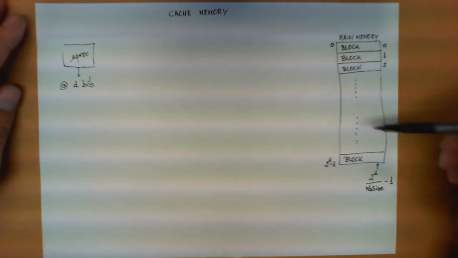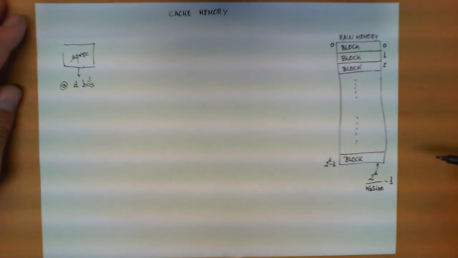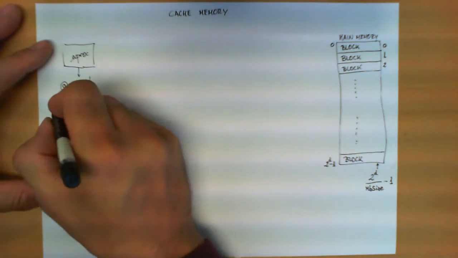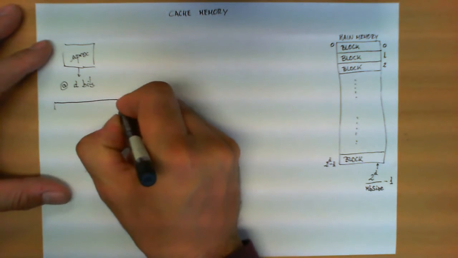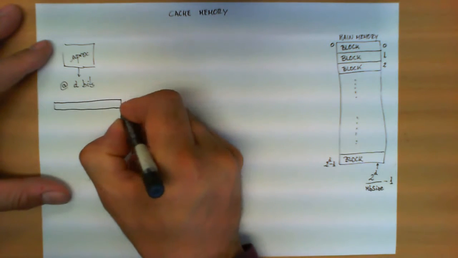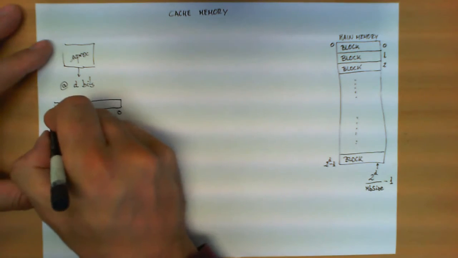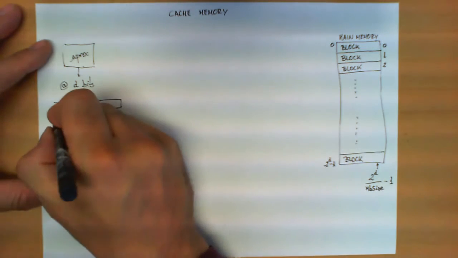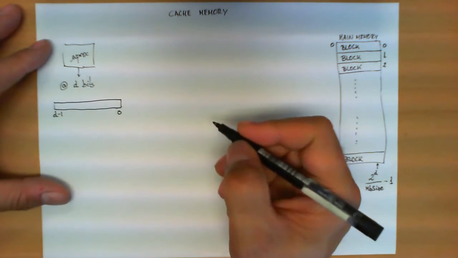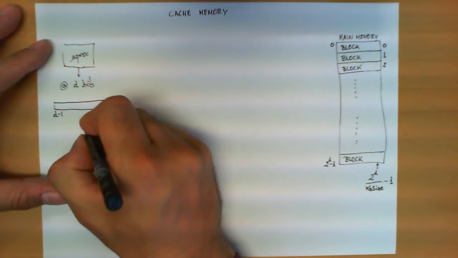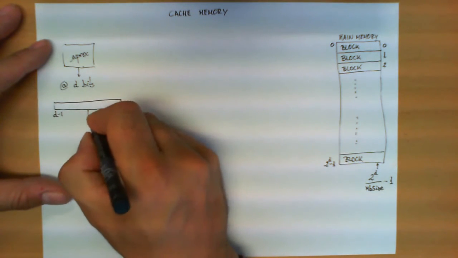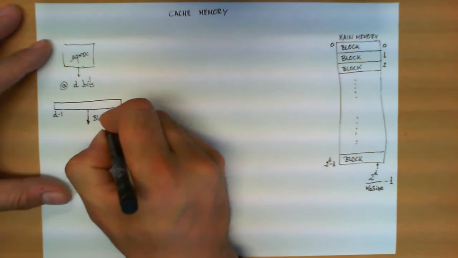Now, why do we make this distinction here? Well, suppose now that I have a memory address from my microprocessor, which is between 0 and 2 to the D minus 1, and that given this address, I want to know in which block it is located.